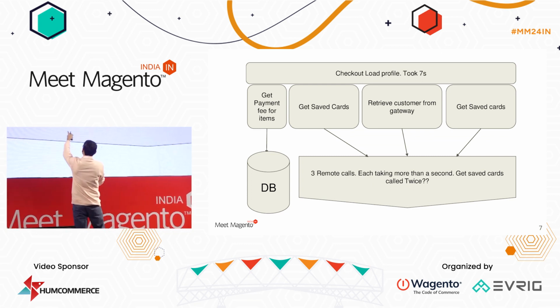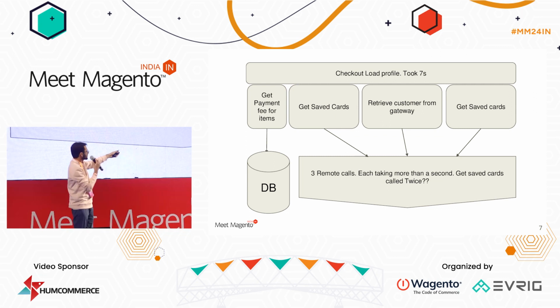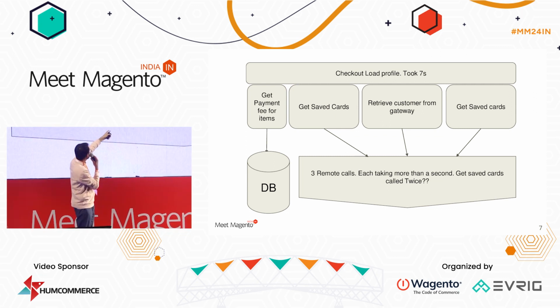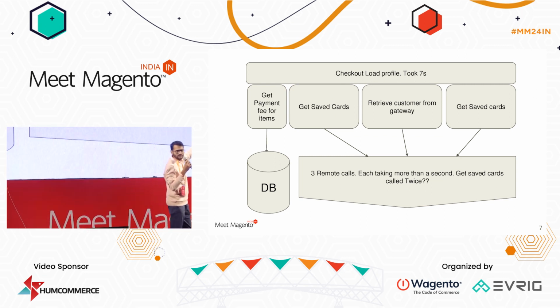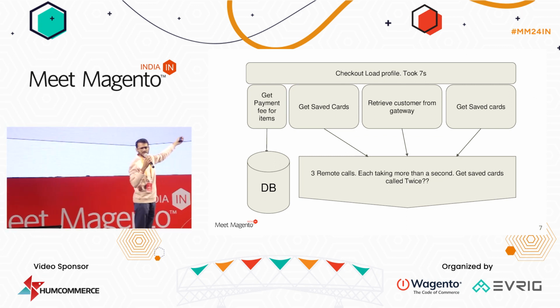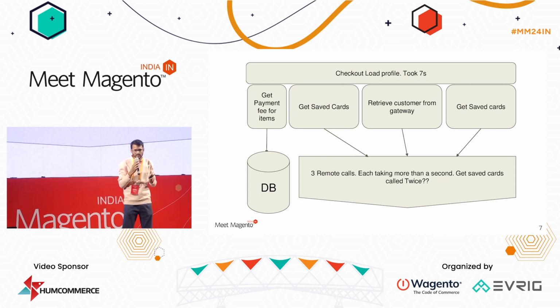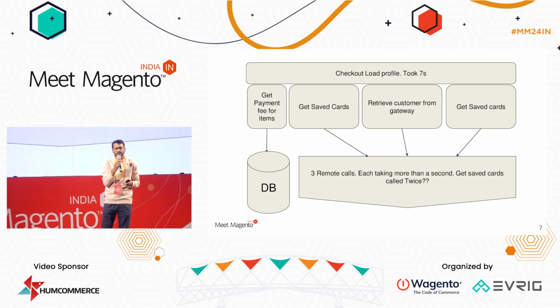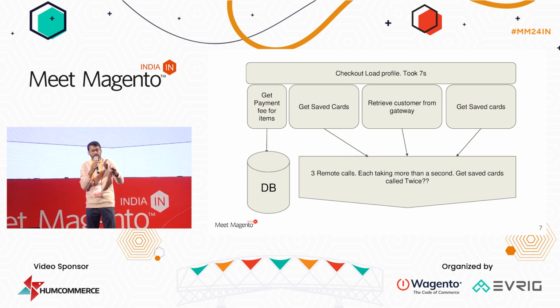Then second, I see get saved cards does a remote call for some reason, and then retrieve customer from gateway, there is one more call, and then this is the weird part. Looks like some caching is missed. But anyways, at this point, I'm absolutely sure that I can bring down the response time significantly.